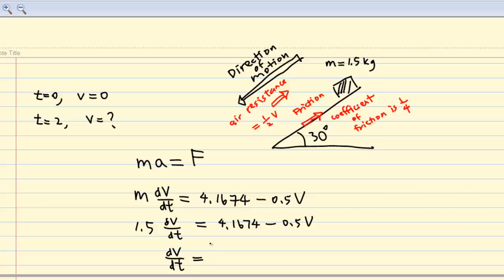I have 4.1674 over 1.5 is 2.7782, minus 0.5 over 1.5 is 1/3 V. This will be the equation of motion. And that finishes part 1 of this example.